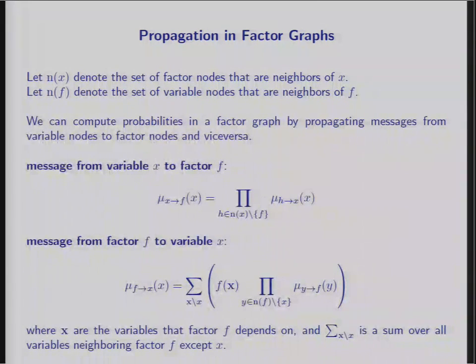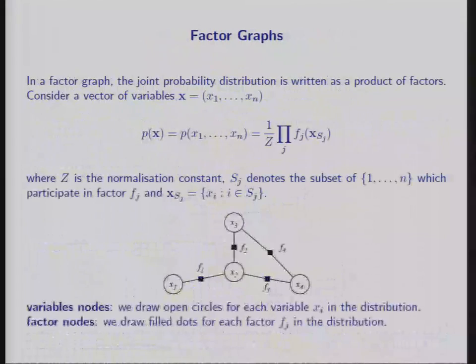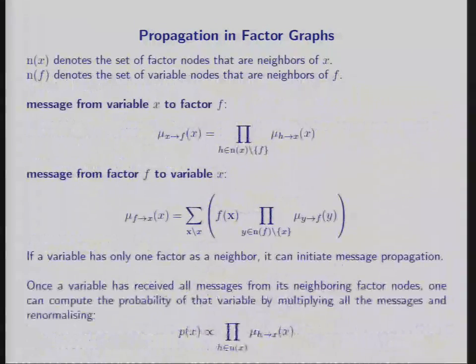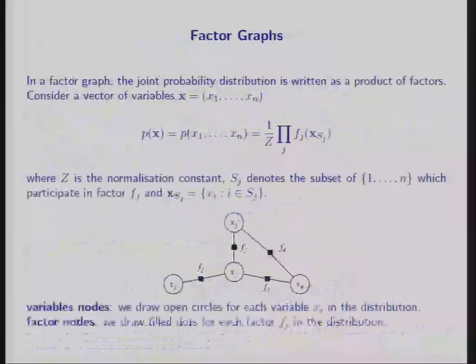And the message from variable x to factor f is the product over all the factors h that are connected to x, not including the factor f, of the messages from factor h to variable x. So if we want to visualize this on the graph, let's look at this graph here.